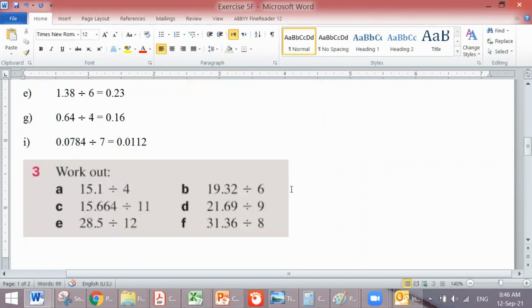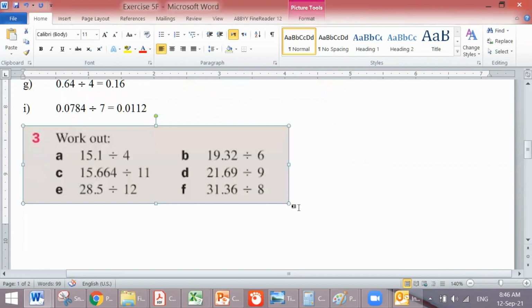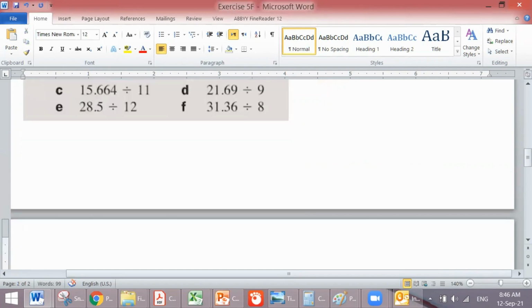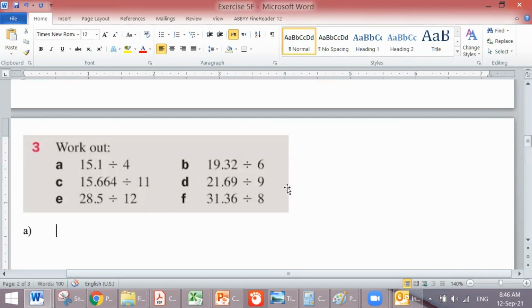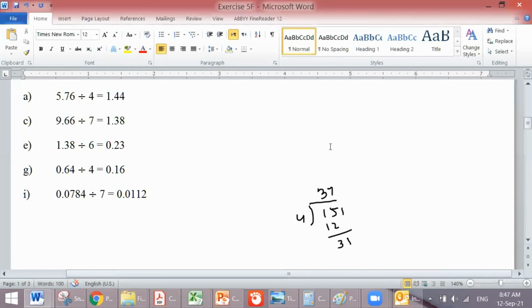Now next question, this is the same. I will do only the alternating parts. 151 divided by 4. So 4 3s are 12, and here I will put 3, and here I will put 1, and 4 7s are 28. 51 divided by 4.